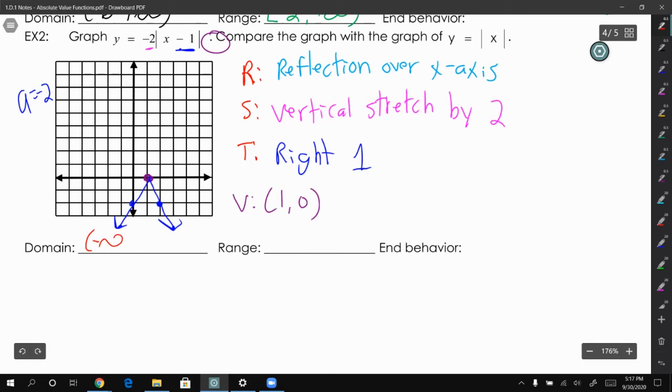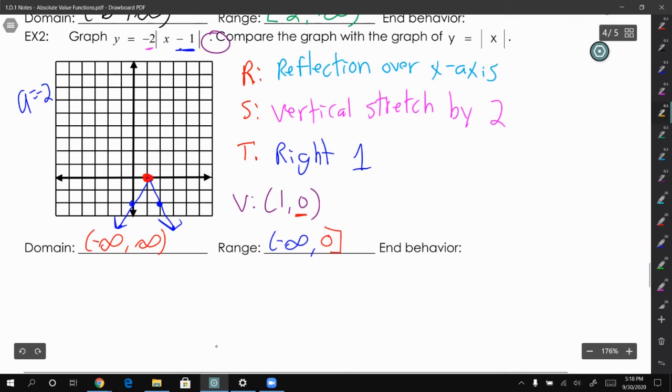Domain, negative infinity, comma, infinity. Range. Now, because this absolute value function is opening down, the smallest y value we have is negative infinity. And then we use the y coordinate of the vertex as our biggest y value, because if we look at our graph, the highest y value we have right here is 0.